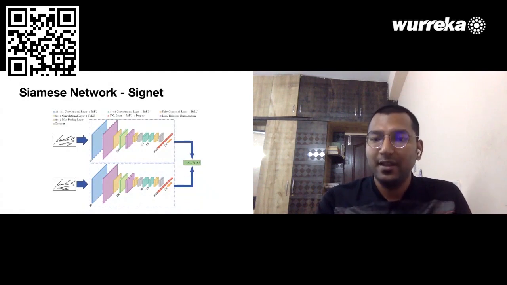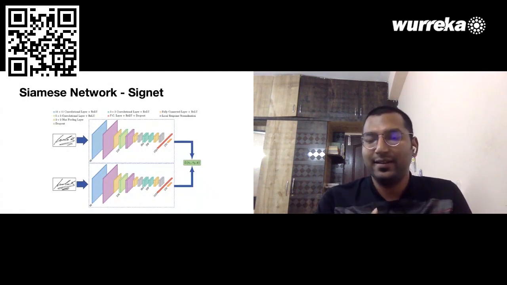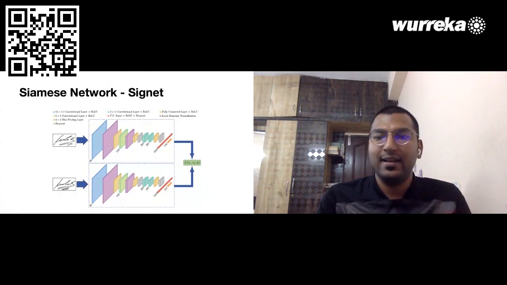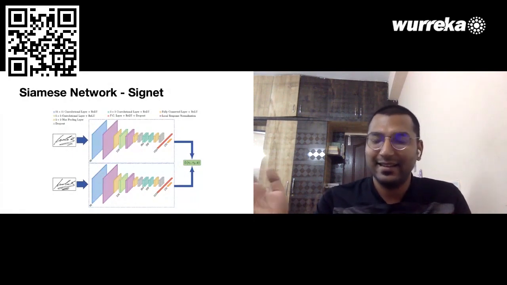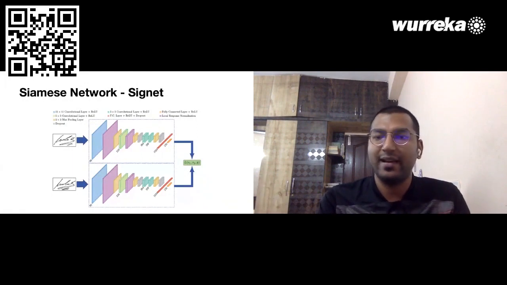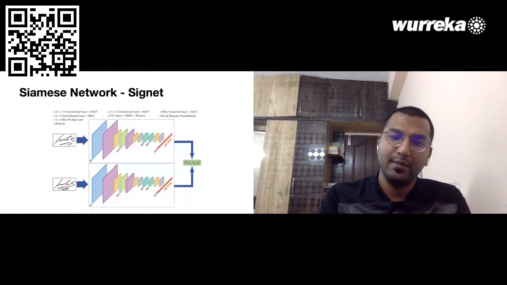You can think that based on your and my signatures, the model is trained. And somebody else, let's say some guy named Varun, comes to the bank and registers himself with some sample signatures, which come via the bank form itself.